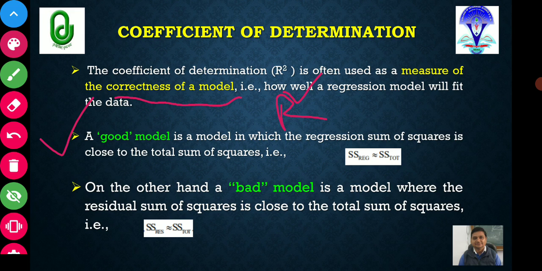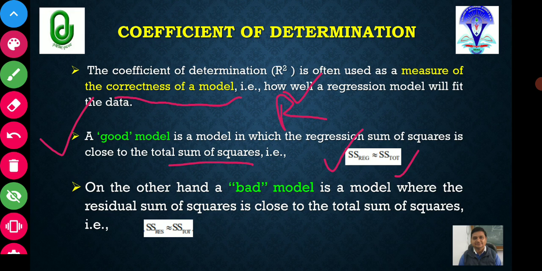Similarly, we have already studied a good model is a model in which the regression sum of squares is close to the total sum of squares. Regression sum of squares means sum of squares due to the independent variable, that means sum of squares due to x. It should be almost equal to the total sum of squares. Sum of squares means variance.